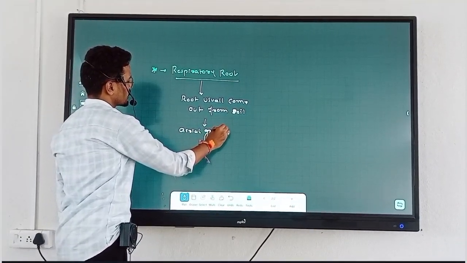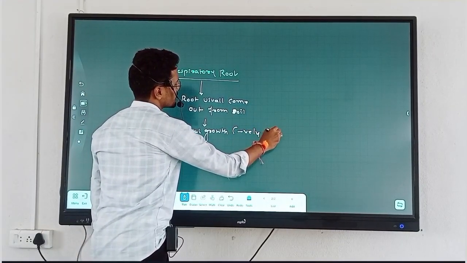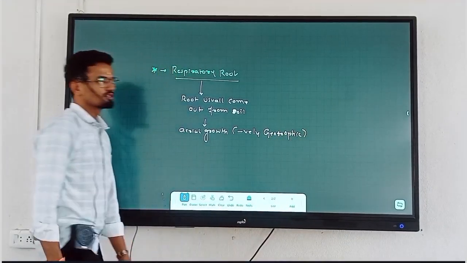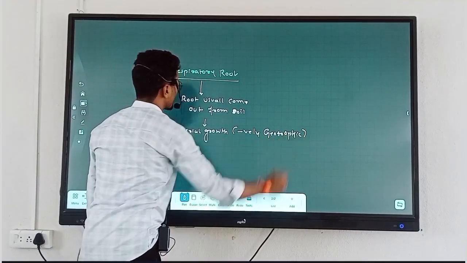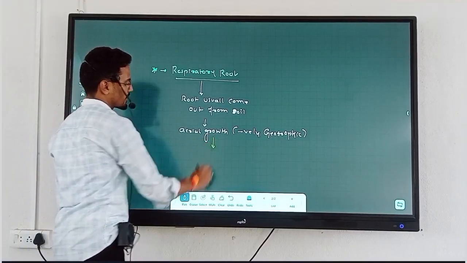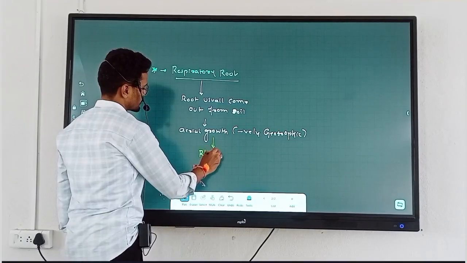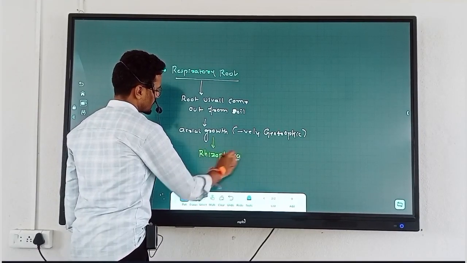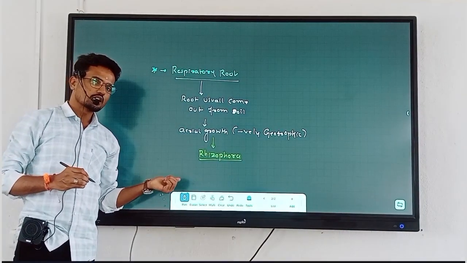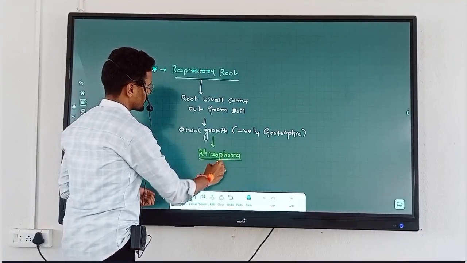This aerial growth of root is called negatively geotropic. That's why it is called a negatively geotropic structure. The best example we see is in the mangrove forest, Rhizophora. Rhizophora is a plant whose roots have the capacity to rise out from the soil and respire.